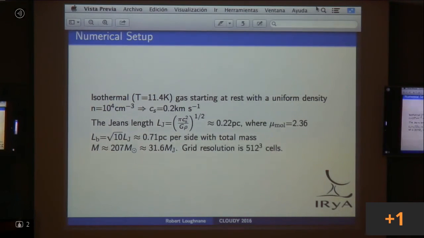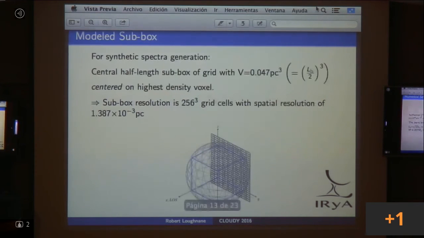However, for the synthetic spectral production, we don't consider the full box because it requires a lot of computing power. So instead, we focused on an inner sub-box. The sub-box has a central half-length, or a volume of 0.047 or 0.05 parsecs cubed, which is just the half boundary length cubed.